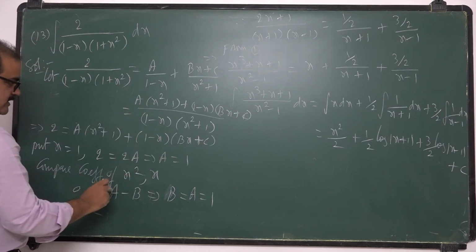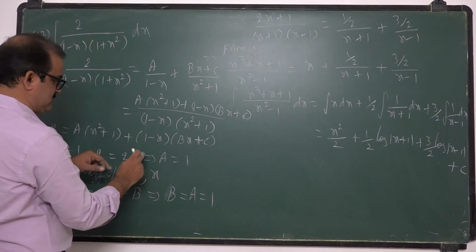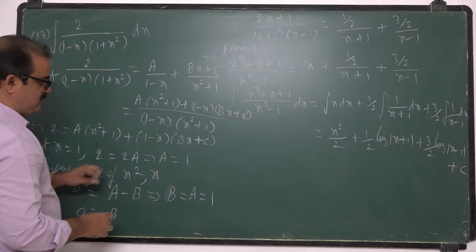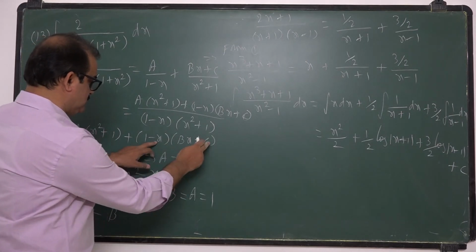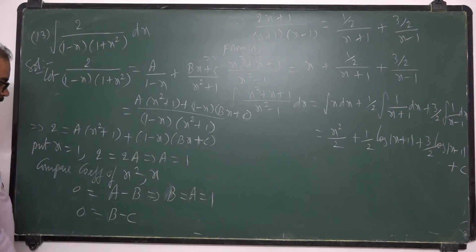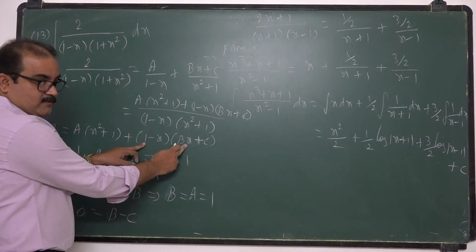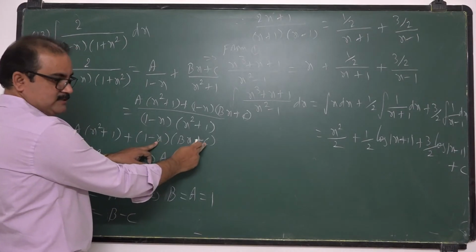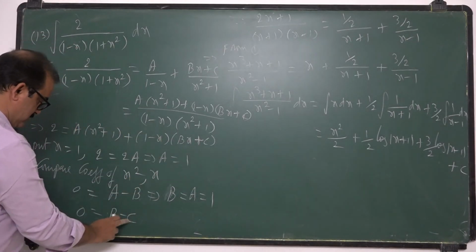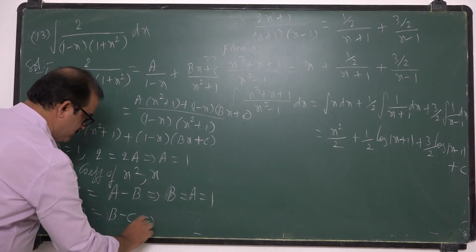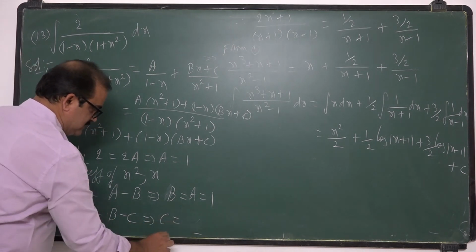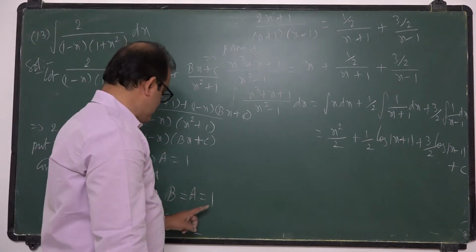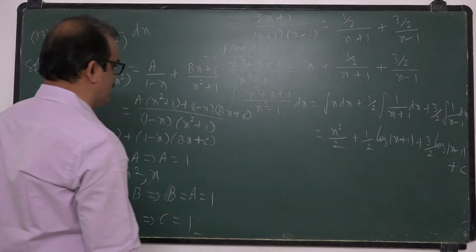Next, the second term: what is the coefficient of x? 1 into Bx, so the coefficient of x is B; minus x into C, so the coefficient is minus C. B minus C is equal to 0. From this, B is equal to C, or C is equal to B, but what is B's value? 1. So A value is 1, B value is 1, C value is also 1.